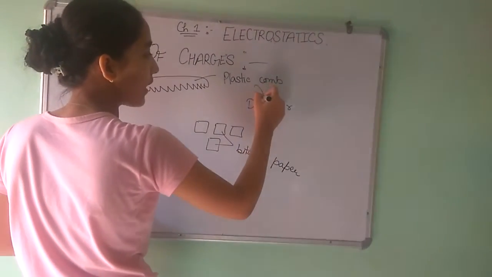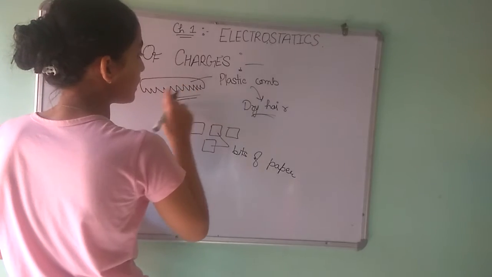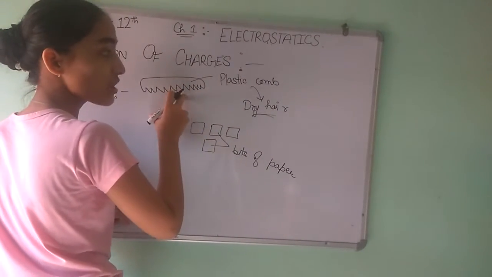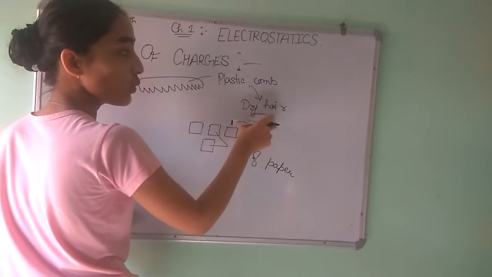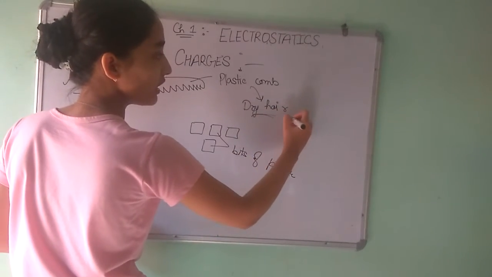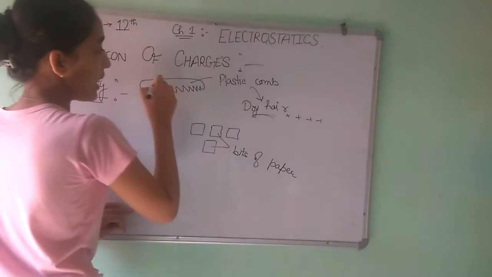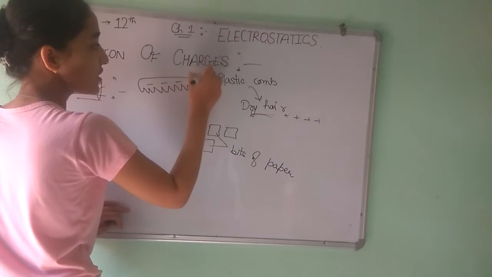When we rub your dry hair with this plastic comb, the plastic comb gets some charge on it, and our dry hair also gets charged. This time, dry hair gets positively charged and our plastic comb gets negatively charged.